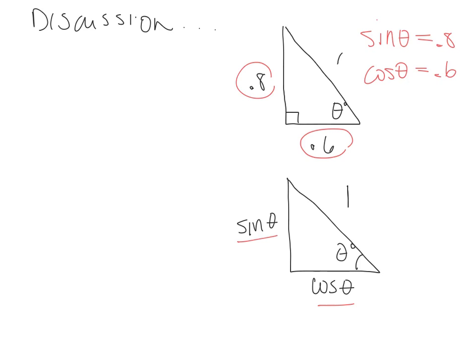The Pythagorean theorem states that for a right triangle with sides a, b, c, where c is the hypotenuse, the relationship between the side lengths is a squared plus b squared equals c squared.